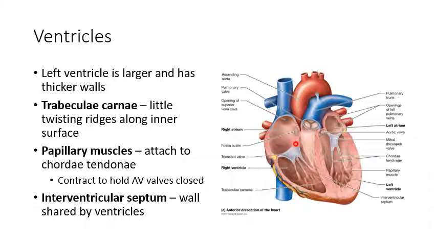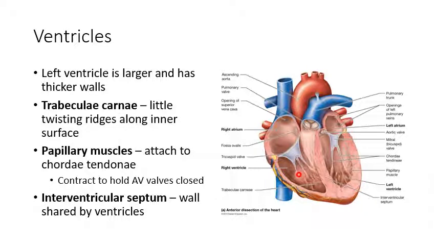So when the ventricle is full of blood, the AV valve is going to be pushed closed. But it can also be pushed back open the other way. It can be blown back out into the atrium because there's so much pressure inside the ventricles when they're full of blood that it would be enough to blow the valve back out into the atrium and open it in the reverse direction.